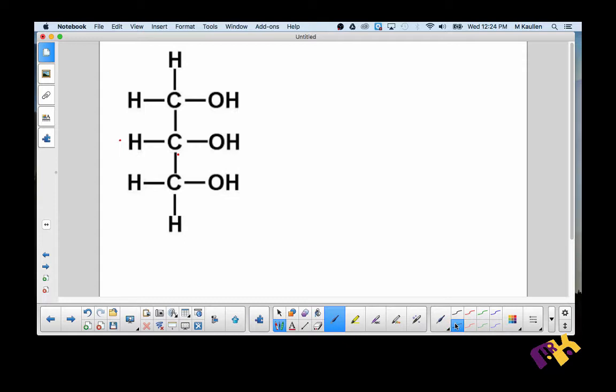It's called glycerol because it has OL in the name. It has this OL in the name because it's an alcohol. Alcohols are carbon chains that have hydroxyl groups in them. The OH makes it an alcohol. So glycerol means it's a 3 carbon chain here with 3 hydroxyl groups on it. All right, so that kind of takes care of that.